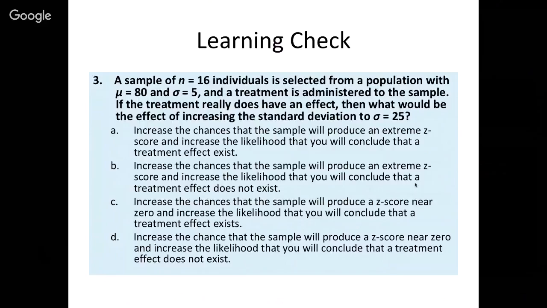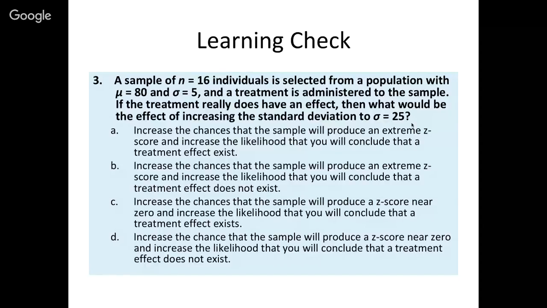Here we are asking about the factor that will influence this hypothesis testing. Originally we have a sample of 16 individuals, from a population where we know the mu is 18 and the standard deviation is 5, right? And if we increase the standard deviation from 5 to 25, increasing the standard deviation means we increase the variability of the data.